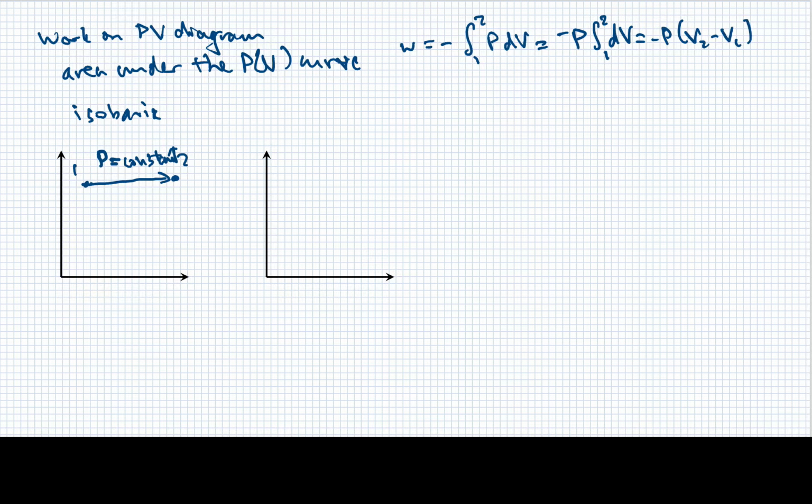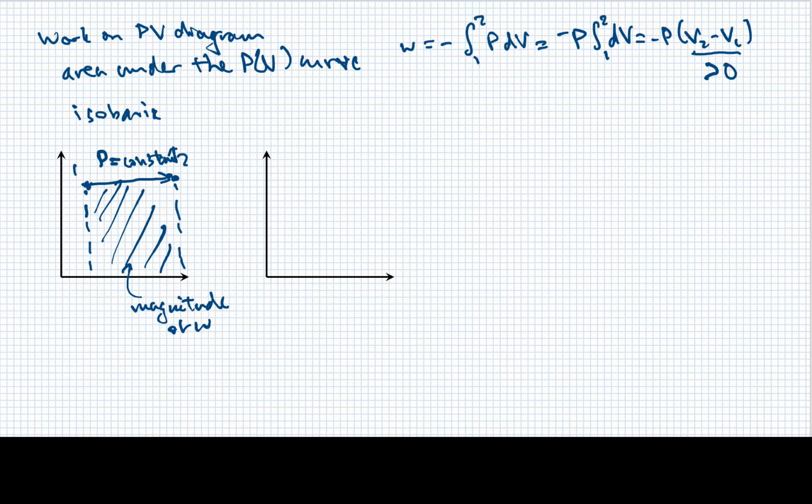All right, so what is that in this case? Well, the area under this curve is just this area. So this would be the magnitude of the work. Now, since it has the minus sign out here, and this was an expansion, that means that this is a positive quantity, and this makes it negative. So in fact, it's going to be the negative of this in this particular case.